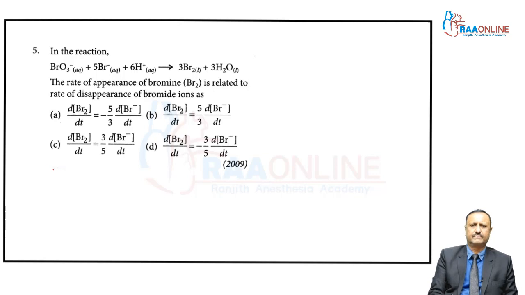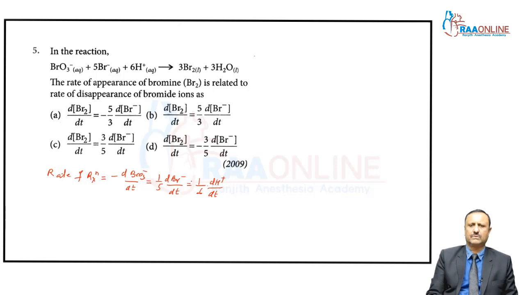First of all, my dear students, same concept, you write the rate law. Rate of reaction equals, with a minus sign for the reactants, minus d[BrO3^-]/dt, equals minus 1/5 d[Br^-]/dt, equals minus 1/6 d[H^+]/dt.